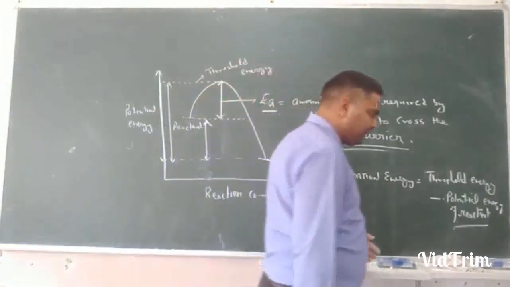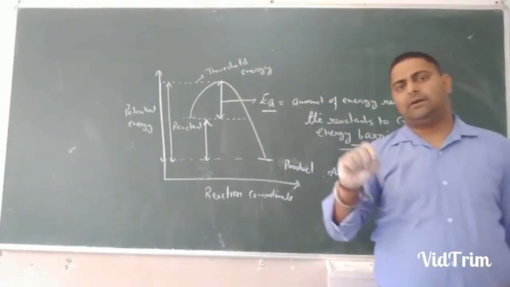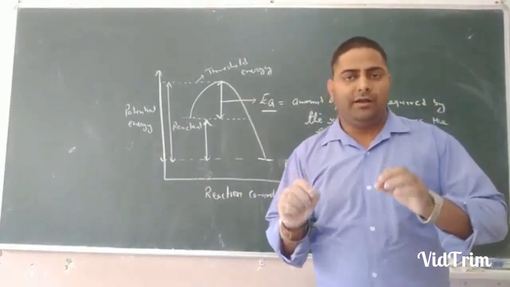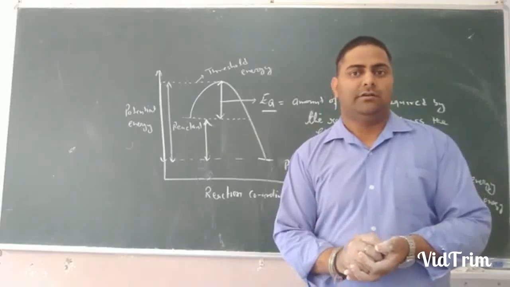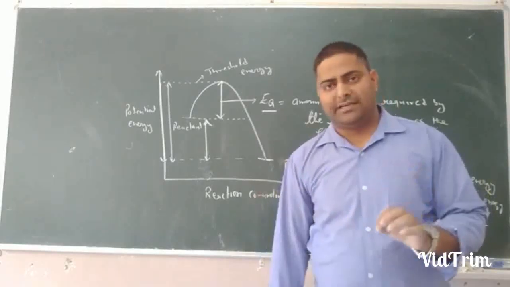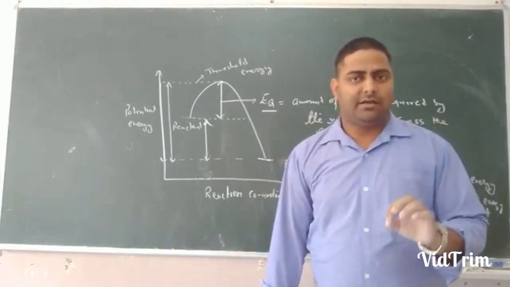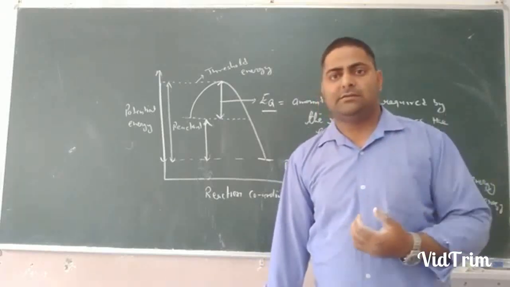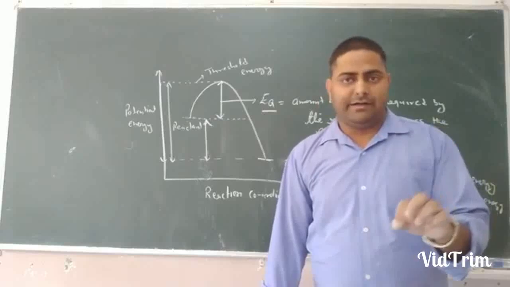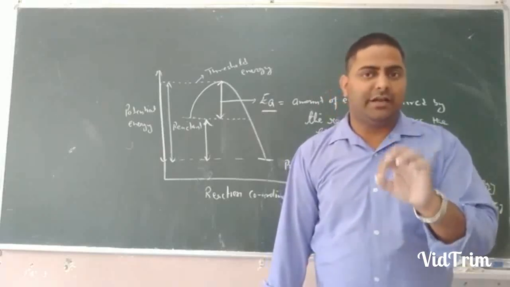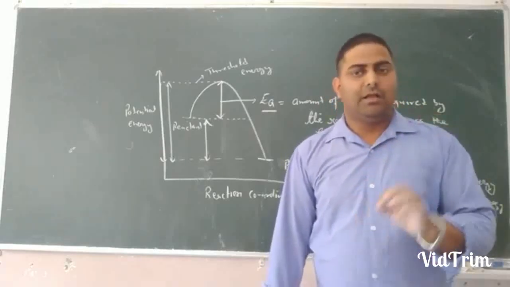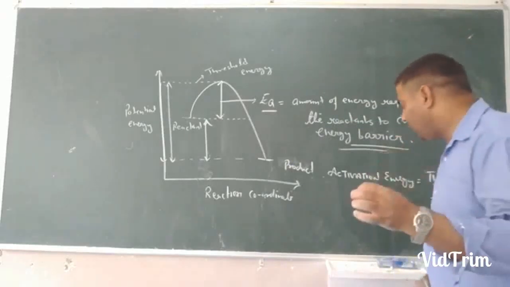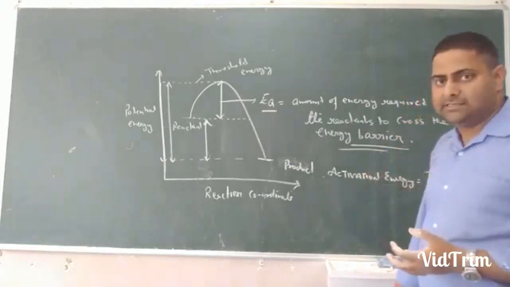Now, normally we have seen that when a catalyst is added, the speed of the reaction increases. A catalyst is a substance which does not undergo chemical change itself, but it increases the rate of the reaction. Now the question arises, what is the role of catalyst?